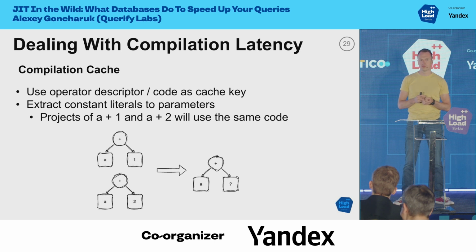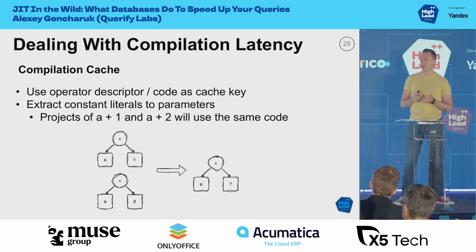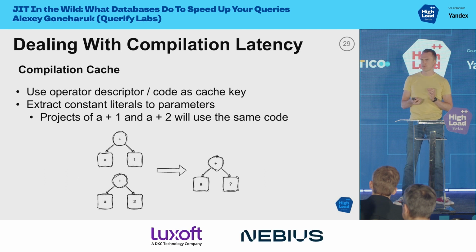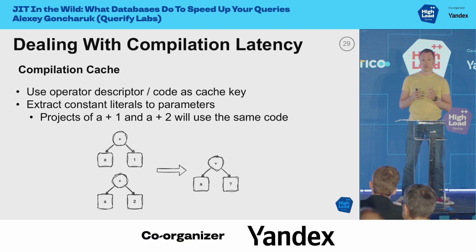So there are a few heuristic things that you may do to improve the cache hit rates. One of the things that was quite important is extracting, let's say, constant literals into query parameters. For example, if you have a projection of a+1 and a+2 without parameter extraction, you would end up compiling different pieces of code.